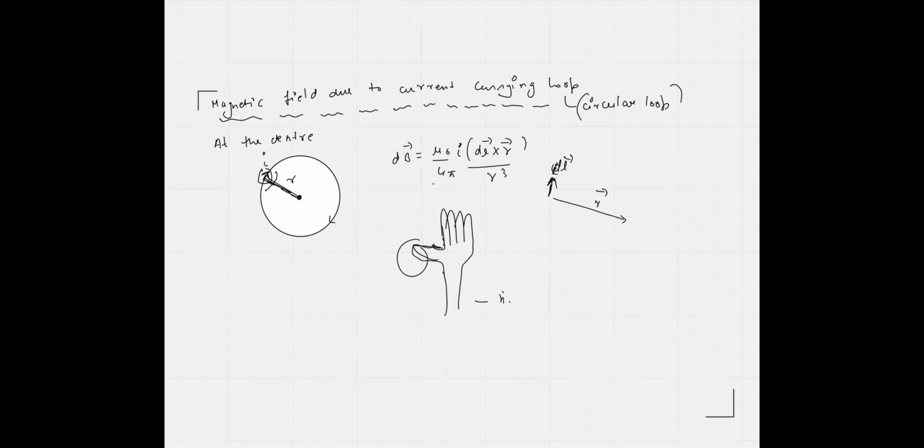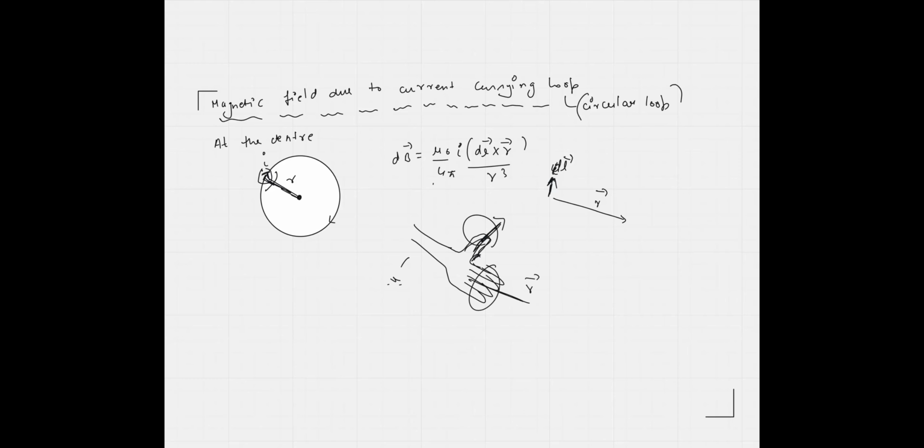I will rotate the whole thing, this kind of thing. Now you can see this direction is pointed out by the thumb. These four fingers are pointing towards the radius distance vector.